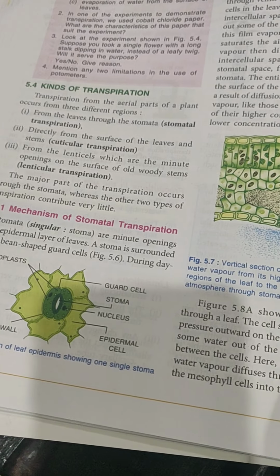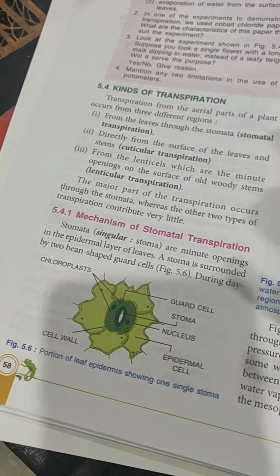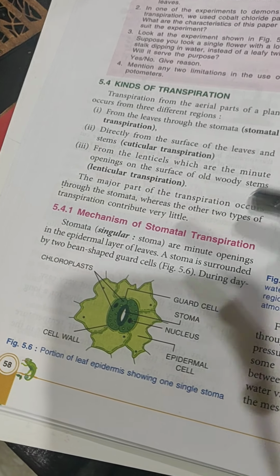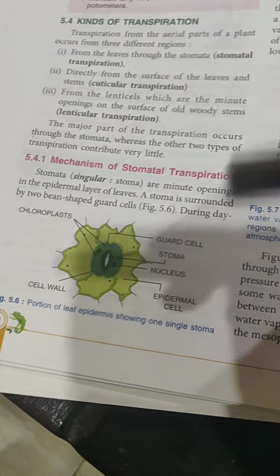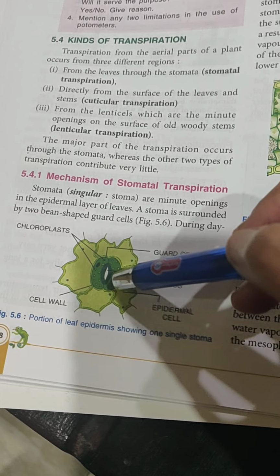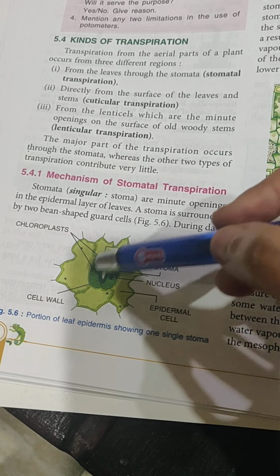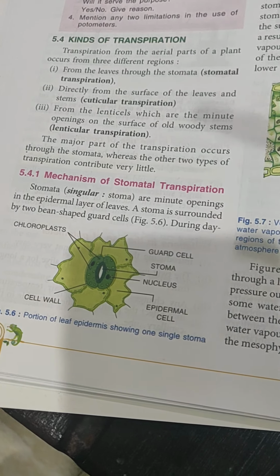Now let us talk about the mechanism of stomatal transpiration, or how the stomatal transpiration takes place. Before we go into the detail of transpiration, let us look at the stomata. Now this opening, the white shaded part that you can see, this opening is known as the stoma.